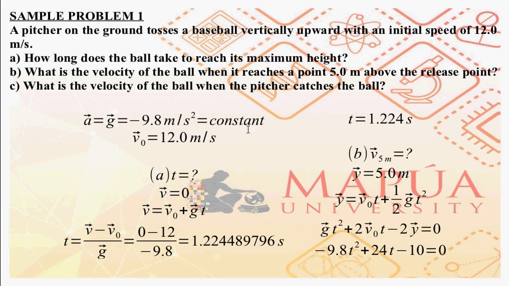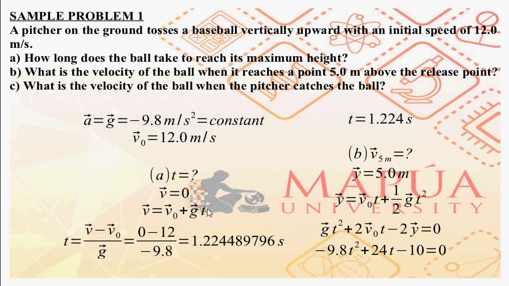So the final velocity upon reaching maximum height is equal to 0. This is uniform acceleration analysis basically, so you have four equations to choose from. One equation is v equals v naught plus gt. Looking at the known values, we know the final velocity v, v naught, and the acceleration due to gravity.